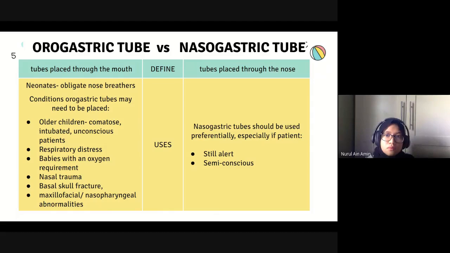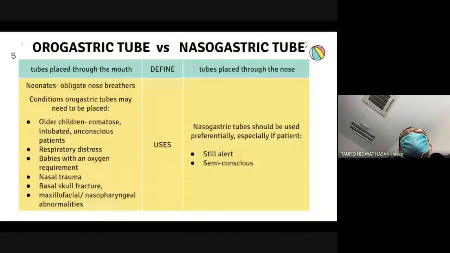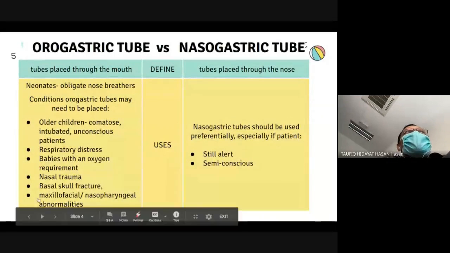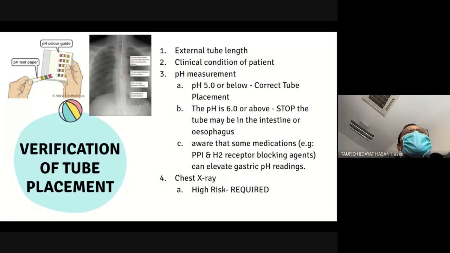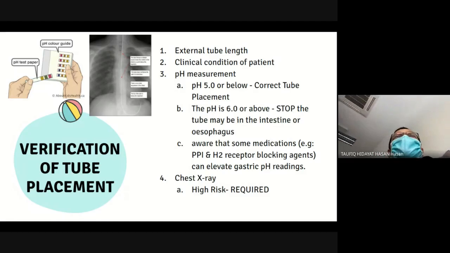Okay, so and then there are some complication. Hopefully no lah, because so far in my experience I never get such complication lah, hopefully. For the evaluation, memanglah the most ideal tadi yang gastric pH tadi, tapi usually we don't have the tools, so in our routine practice, usually we perform one X-ray je lah.